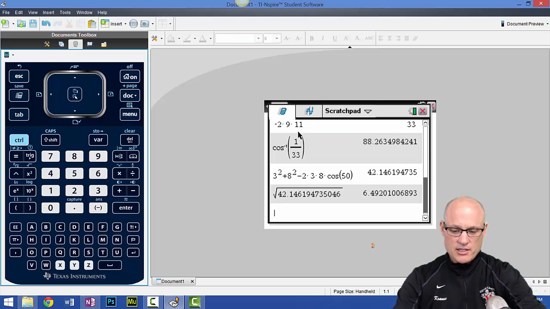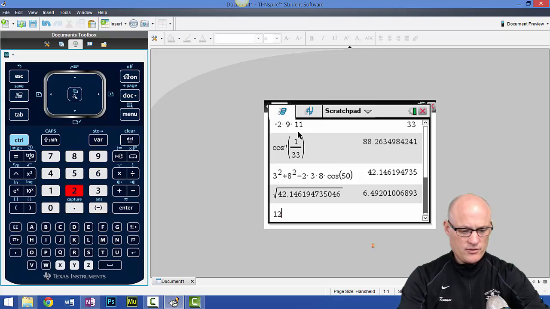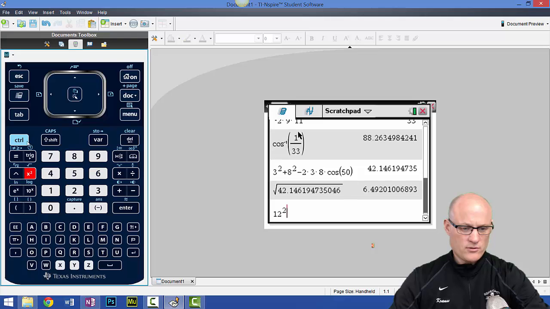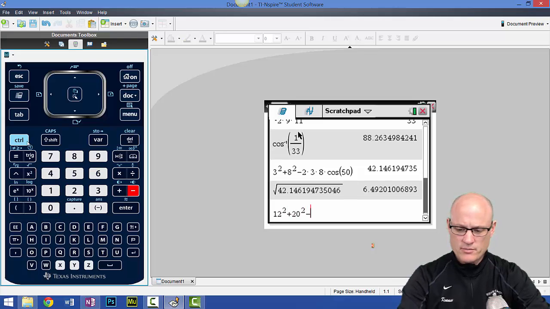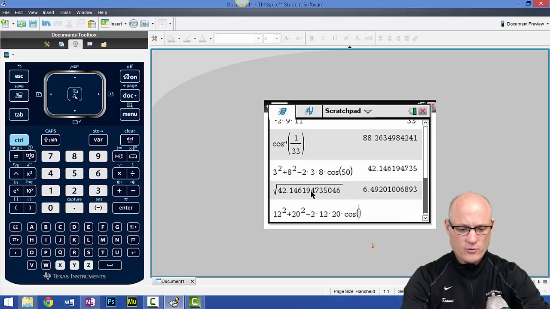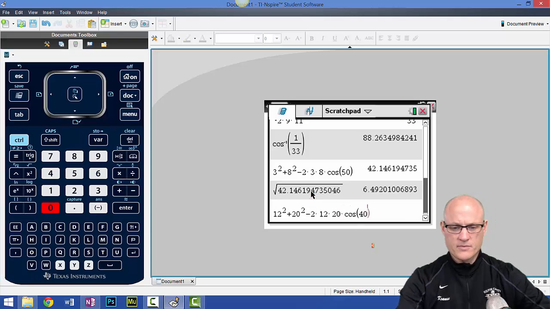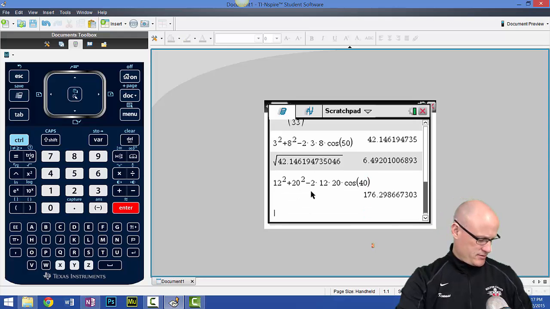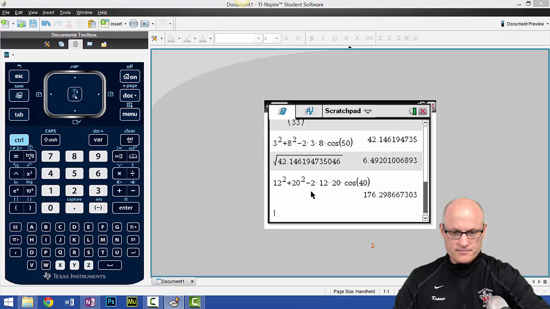12 squared plus 20 squared minus 2 times 12 times 20 times the cosine of 40 degrees. There it is. Hopefully I got it right. 176.2. I got it. Good.